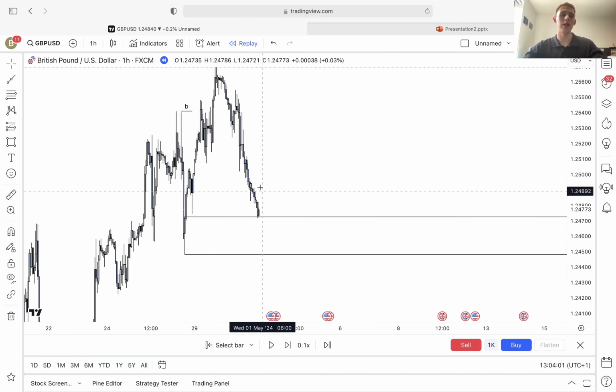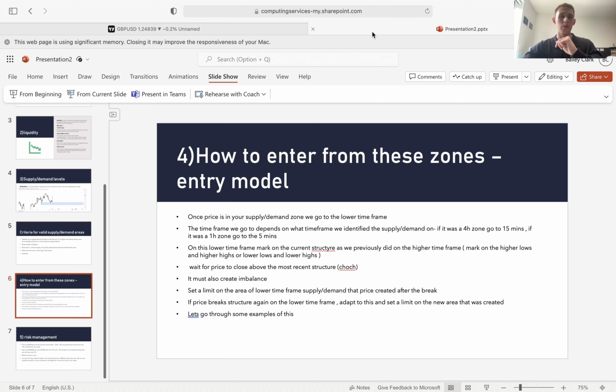What we want to be doing is waiting for price to come into this level, and then we want to see some sort of confirmation that price is going to move away from this level, and basically our analysis is correct.